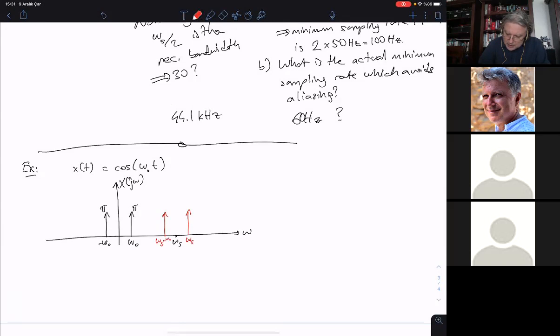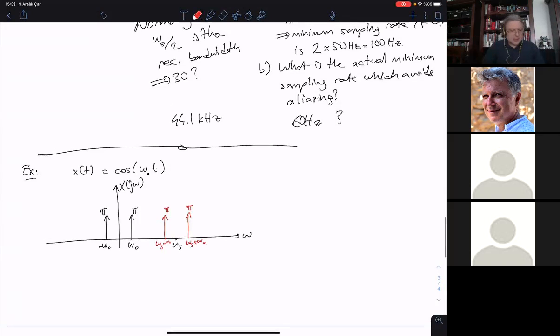Here it is omega s plus omega 0, with the same magnitudes of pi and pi. I'm convolving with an impulse train. Of course, after the convolution, it is reduced in magnitude by 1 over capital T, but let's not take into account what's happening to the magnitudes.